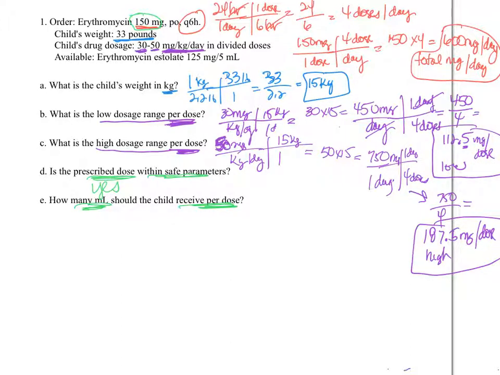Now we need to go to how many milliliters will the child receive per dose. Okay, so we have to go back to what we have. We have 125 milligrams per 5 milliliters. So now we have 150 milligrams for 1 dose of medication, and we have 5 milliliters available to us.